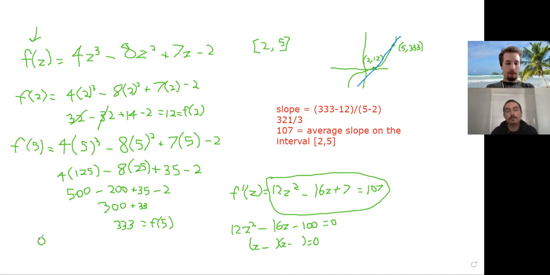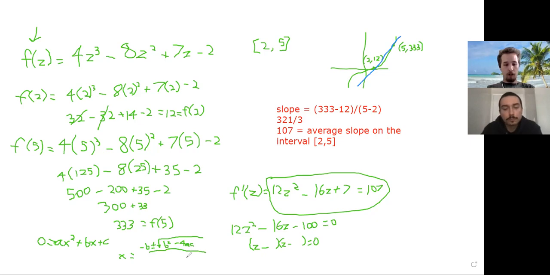So the quadratic formula is, if you have a function like we have here, 0 equals ax squared plus bx plus c, then your x values are going to be equal to negative b plus or minus the square root of b squared minus 4ac, all over 2a.